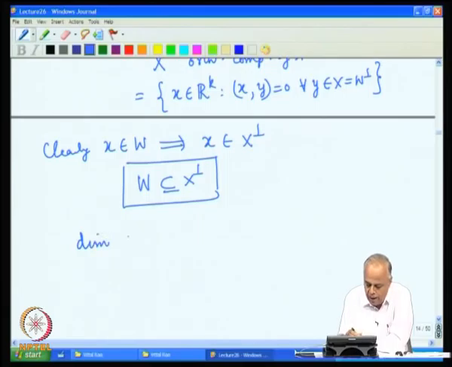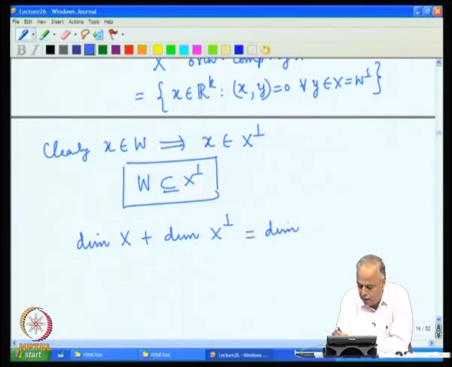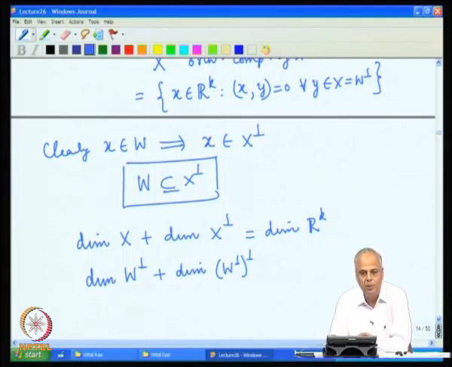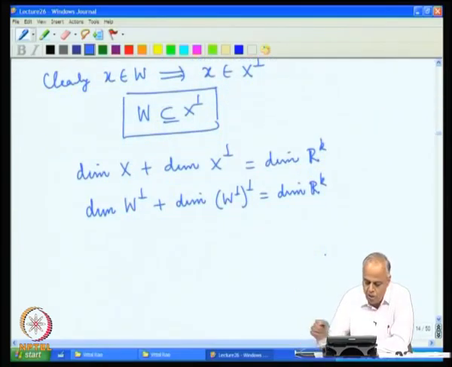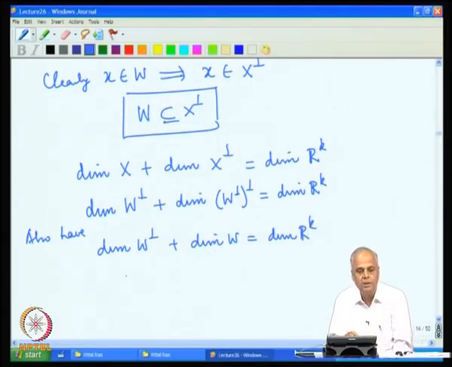Also, whenever you take a subspace and its orthogonal complement, the dimensions add up to the dimension of R^k. So, the dimension of X plus the dimension of X perp, which says the dimension of W perp plus the dimension of (W perp) perp, is equal to the dimension of R^k. We also have the dimension of W perp plus the dimension of W is equal to the dimension of R^k, because again the dimension of a subspace plus the dimension of its orthogonal complement will be equal to the dimension of the whole space.